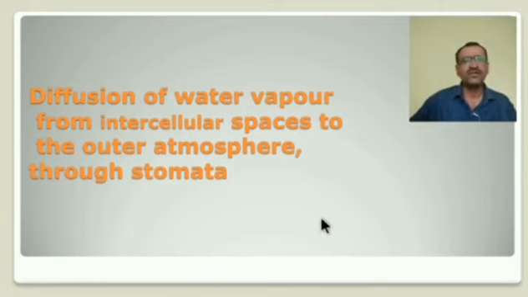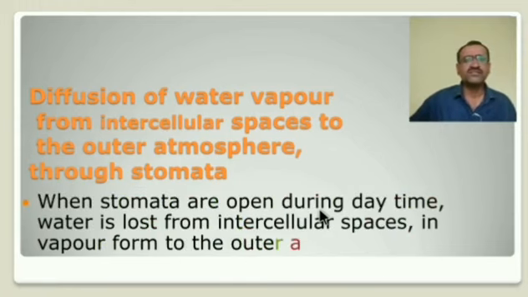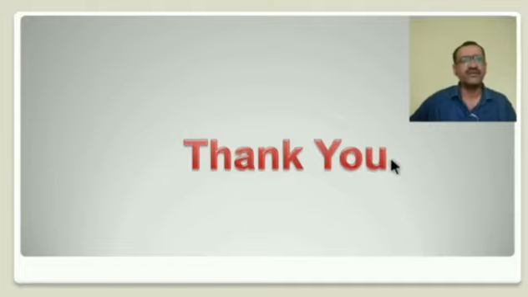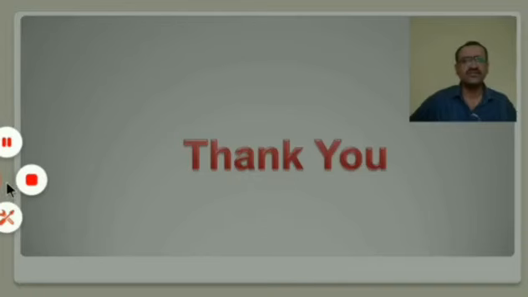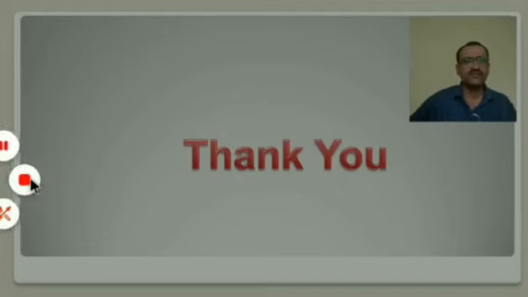In this way the water present in the cell comes into the atmosphere, and that process is known as transpiration, and that is the path of transpiration. In this part we learned about the structure of stomata and the path of stomatal transpiration. So I think you understand everything. Thank you very much.